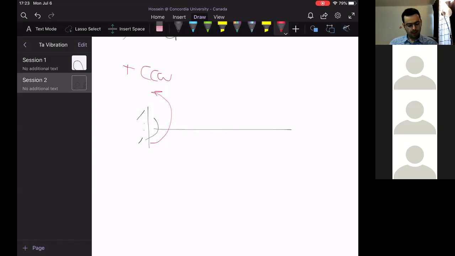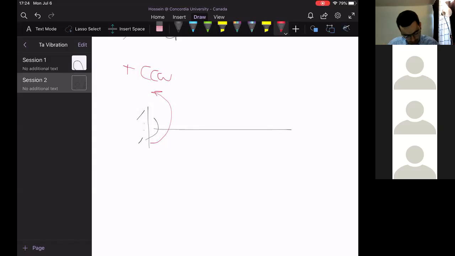So since the positive direction is counterclockwise, I deliberately displace and rotate the system counterclockwise, for the sake of simplicity, in order to derive the equation of motion in a simpler format.